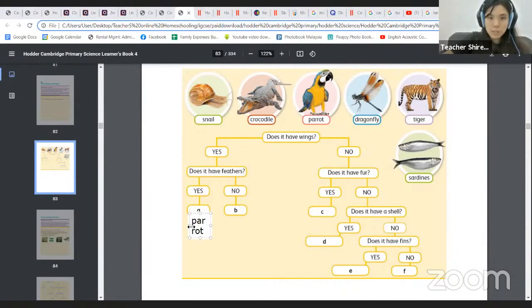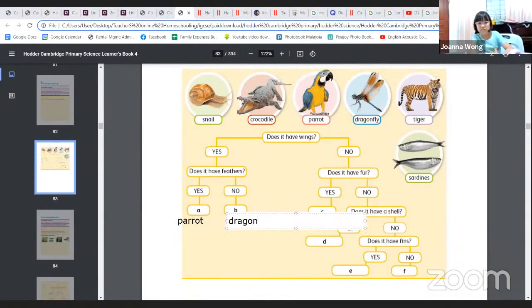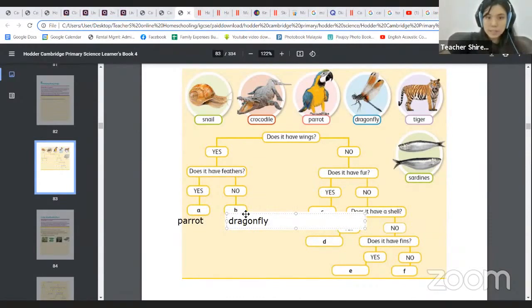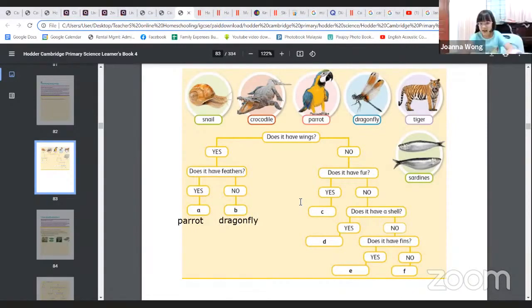Okay, B. It has wings, but it doesn't have feathers. Who is that? Dragonfly. Good. Okay, C. No, it doesn't have wings, but it has fur. Tiger. Good.